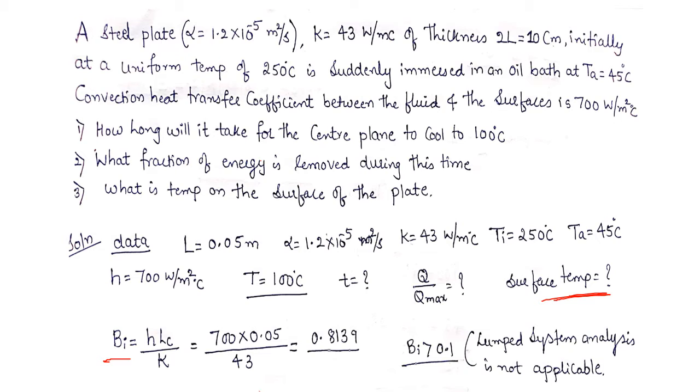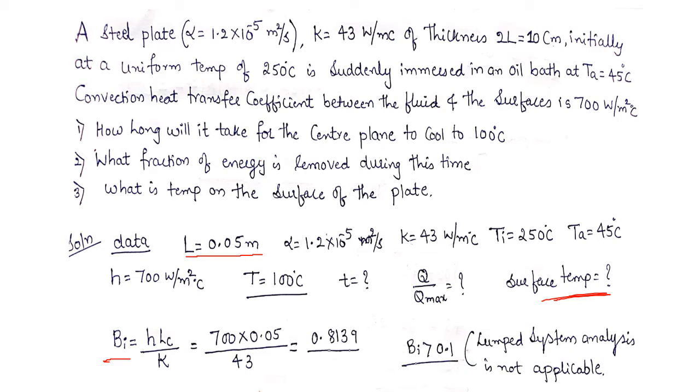If we solve this, Lc equals L. We have already derived this in previous classes. So the characteristic length Lc for a slab equals L only, where L is half the thickness of the plate.